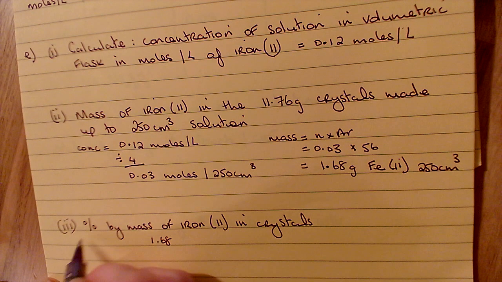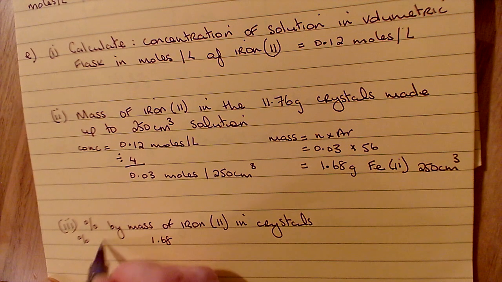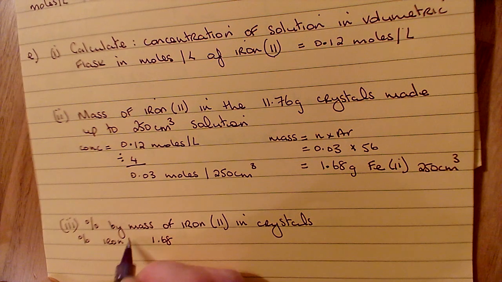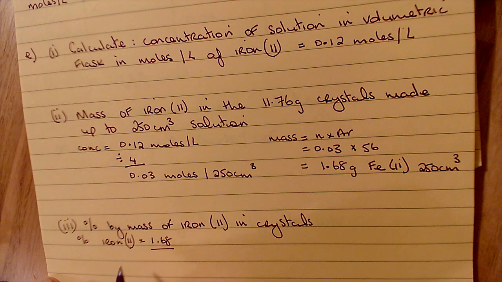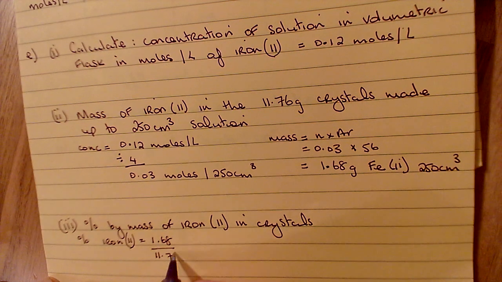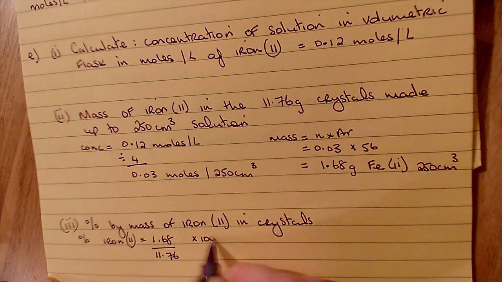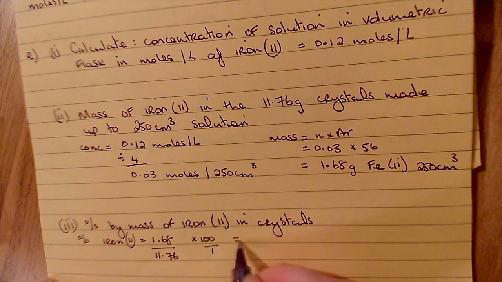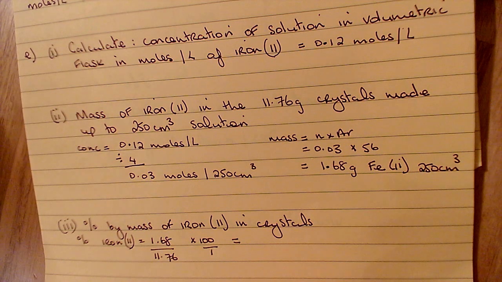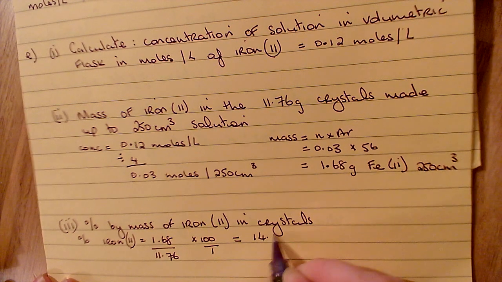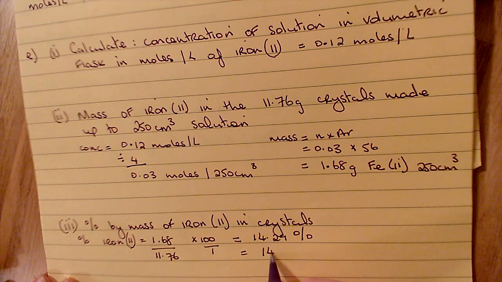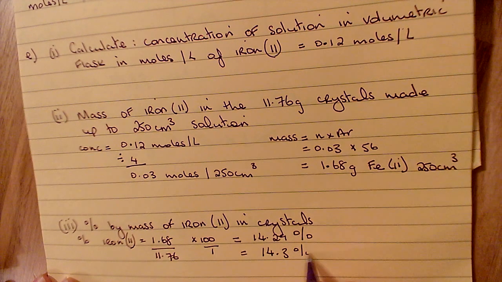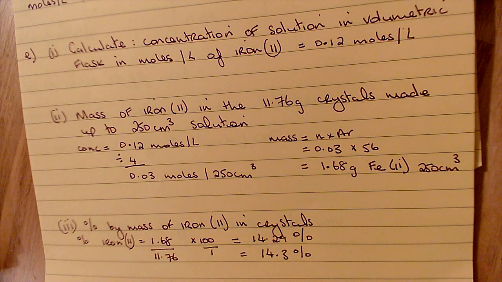So in order to work out the percentage of iron 2, we have the actual mass of iron 2, which is 1.68, divided by the total mass of the crystals, which is 11.76, and we multiply that by 100 over 1, and that gives us a value of 14.29%, or if we round it to one decimal, 14.3% of iron 2 in the crystals.